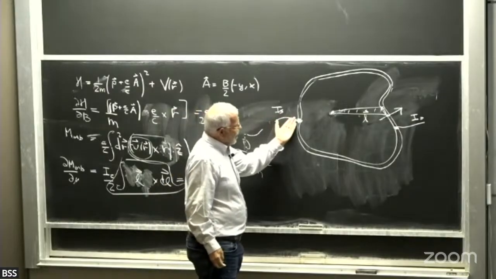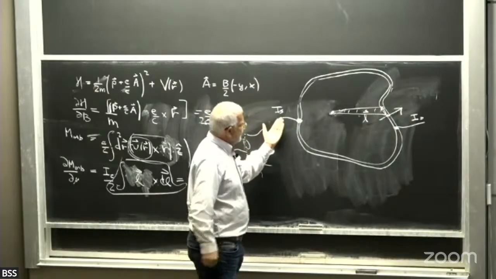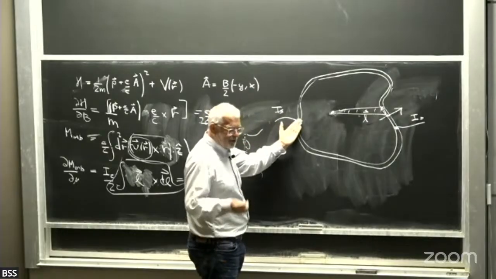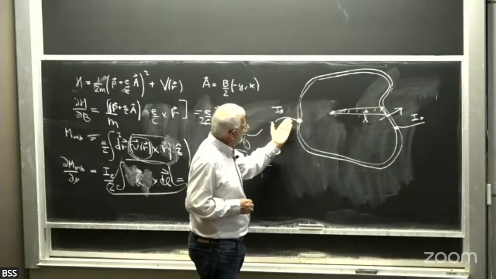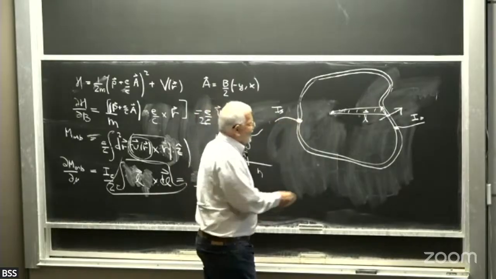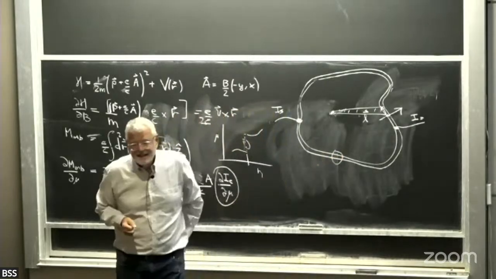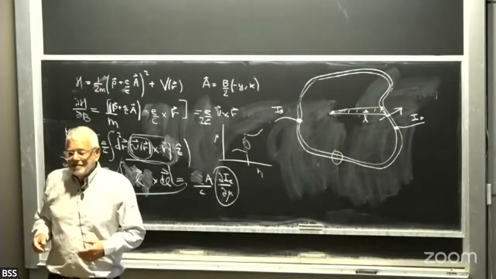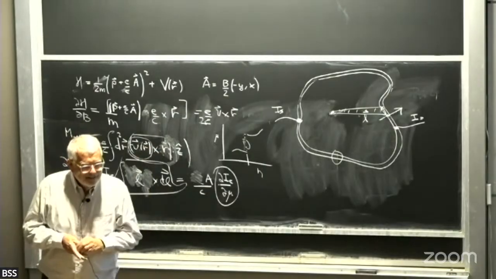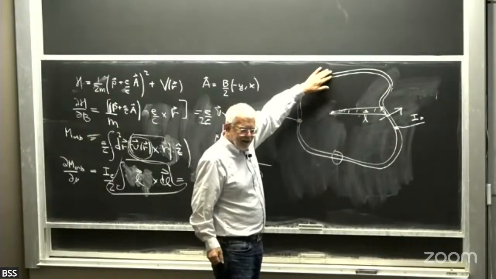What happens when you have a quantum Hall effect is, as you'll see in a moment, you must have edge states along each of these edges. They're sitting in this gap, right? They're very far away from the other edge.